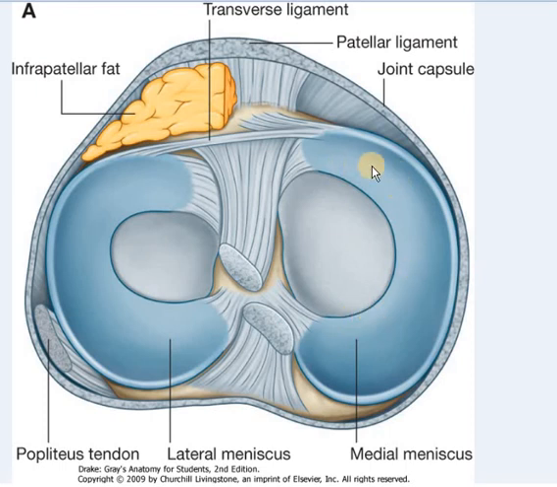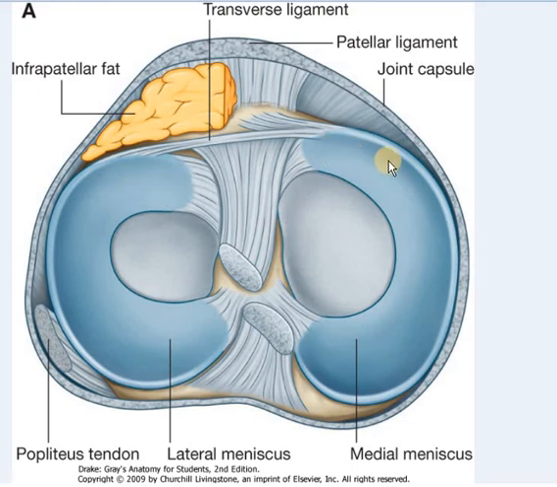These are C-shaped fibrocartilaginous rings which lie on the superior surface of the tibial condyles, the medial condyle and the lateral condyle. So the medial meniscus lies on the superior surface of the medial condyle of the tibia, and the lateral meniscus lies on the superior surface of the lateral condyle of the tibia.